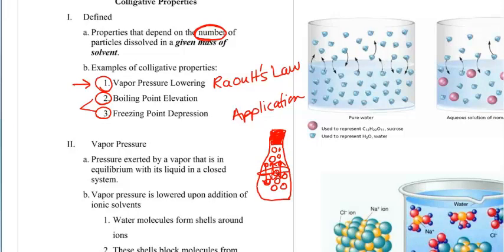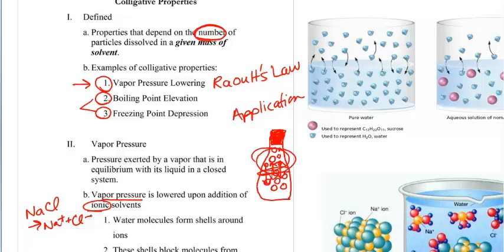So what happens then if you add a solute? The vapor pressure, so the pressure here in a closed system, can be lowered when you add an ionic solute. Ionic meaning it's ions, for example, sodium chloride. Remember, those are going to break apart into sodium ion and chloride ion.